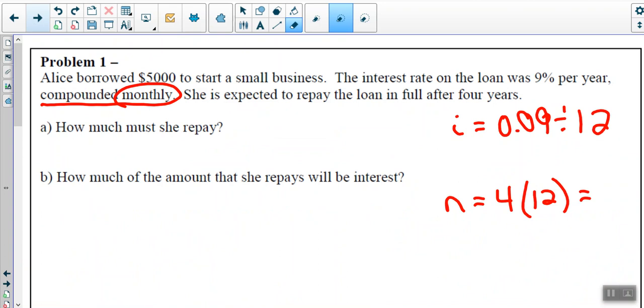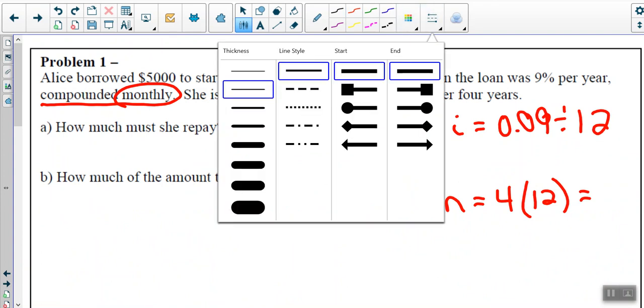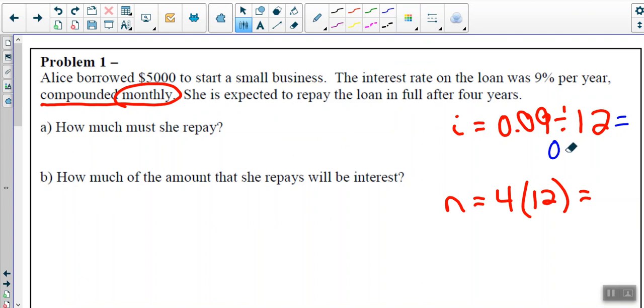So 0.09 divided by 12 is giving me 0.0075 for i, and my n value is going to be compounded 48 times during the length of that loan.